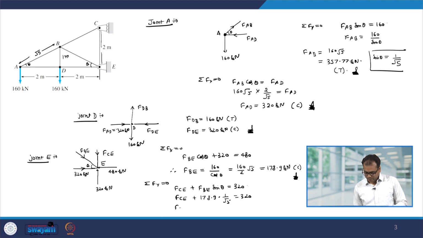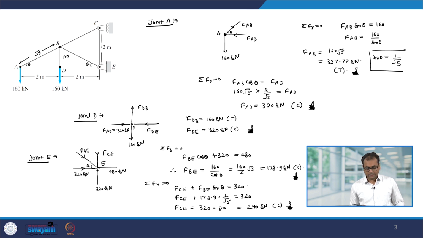So, therefore, FCE is equal to, you can simplify it, 320 minus 178.9 divided by square root of 5, this comes out to be 80 and this will give you 240 kilonewton, and again it will be the compressive force. Now, to analyze further, let us look at joint B.